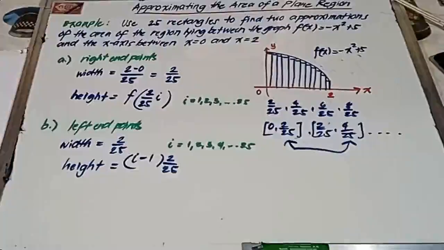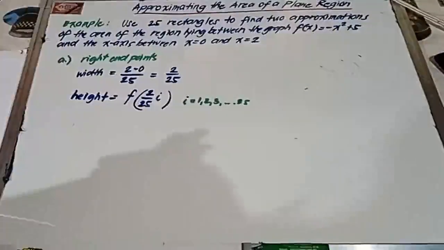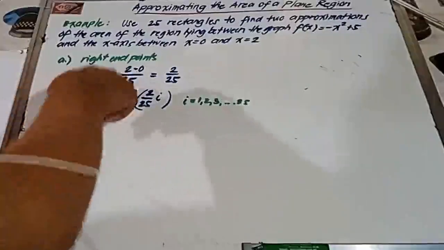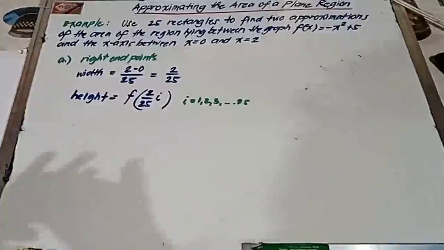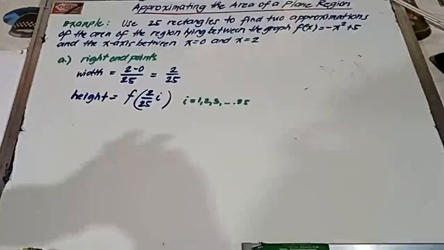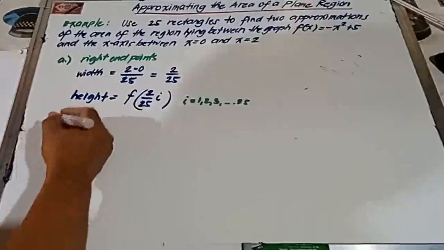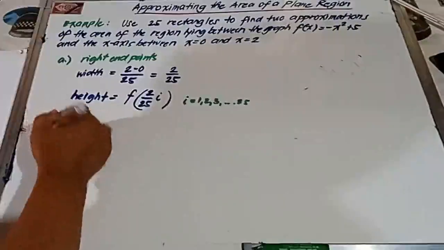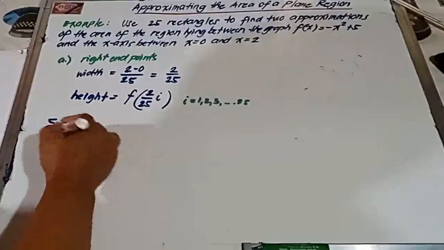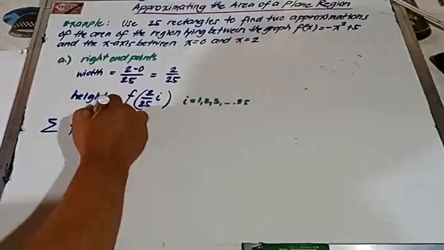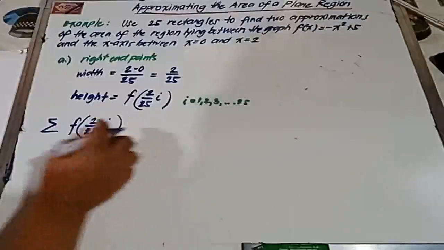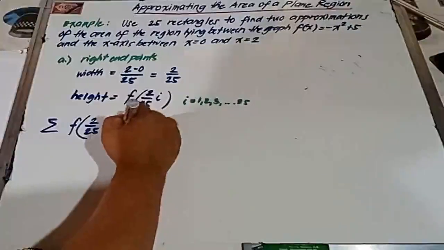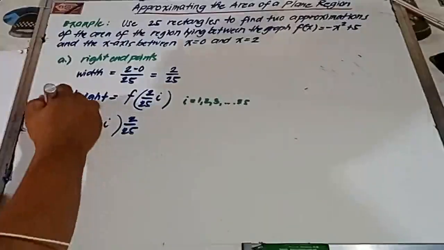Okay, for the right endpoints natin, we have the width is 2 over 25, height is f of 2 over 25 times i, with i equal to 1, 2, 3 to 25. So we have the approximated area of this region is the summation of f of 2 over 25 i times the width, which is 2 over 25, from i equal to 1 to 25.